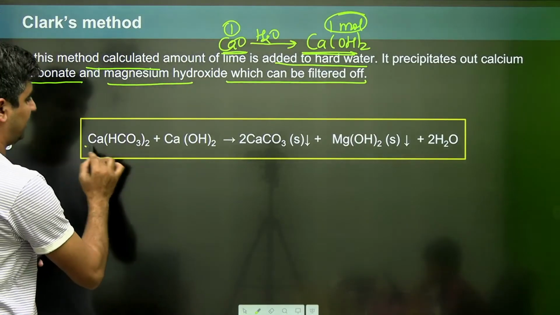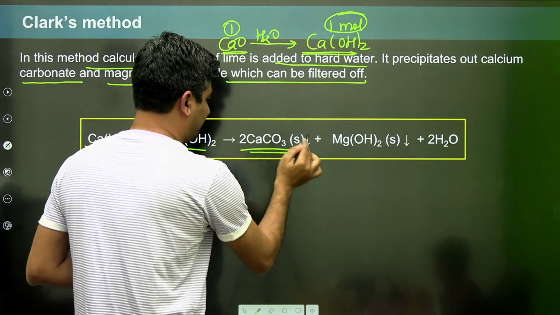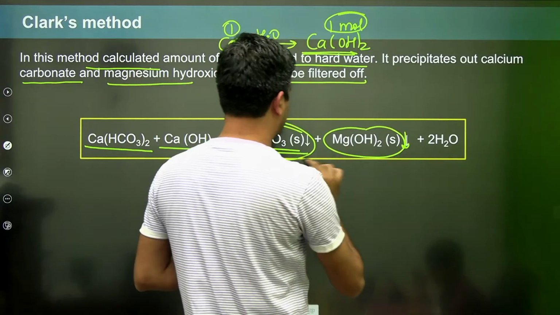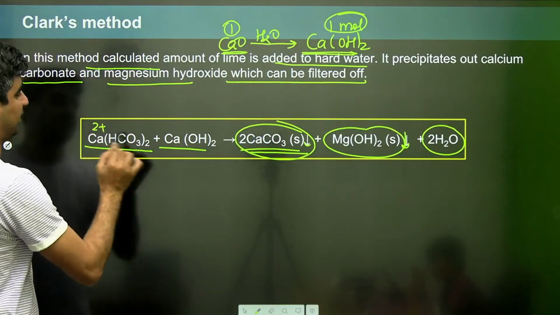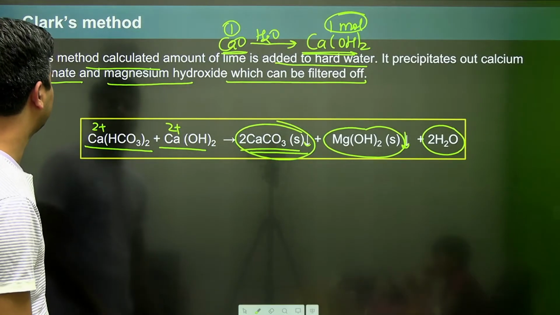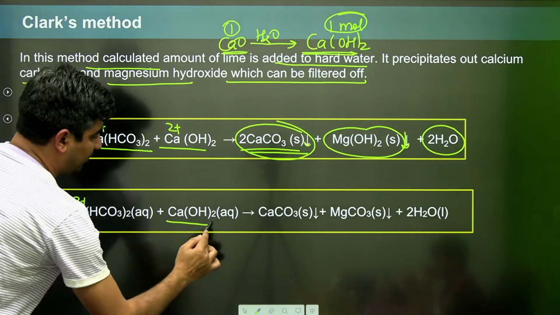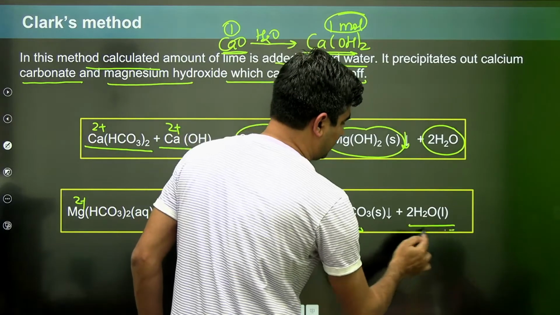Just look at it. If I am taking Ca(HCO3)2 plus this, on dissolving it will give you CaCO3 solid, MgCO3 solid. So these will precipitate out and you will get pure water. So finally you are removing these cations. Right? Next point is, if you have Mg2+, then again if you are adding it, you will get CaCO3, MgCO3 and 2H2O liquid.